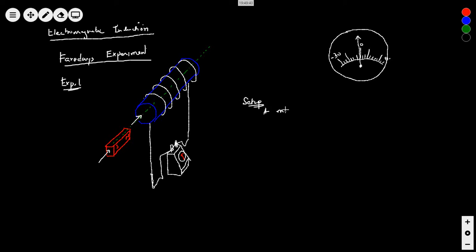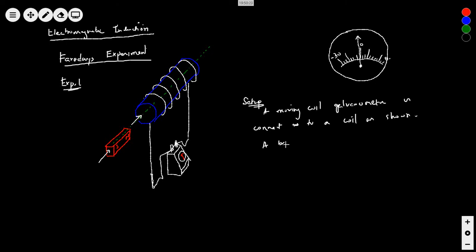Setup: a moving coil galvanometer, I have shown you a Western type, is connected to a coil as shown.